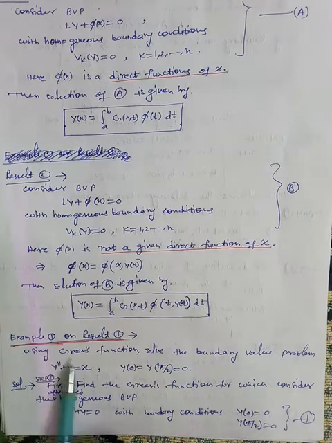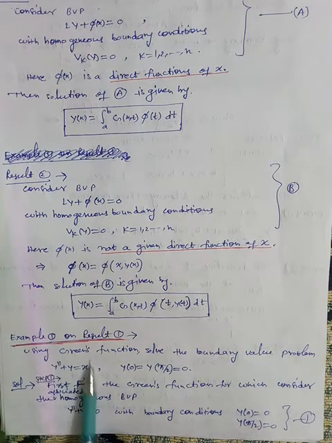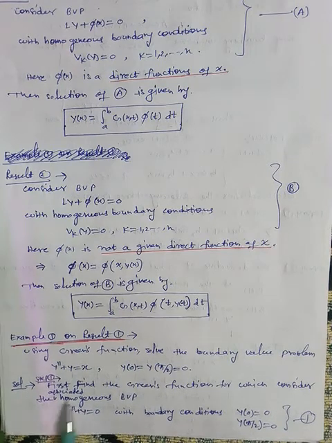So you can see that we have this differential equation, and we will consider only the homogeneous part. So we will not consider this x, we will take 0 here. So this is the homogeneous boundary value problem, with boundary conditions y at 0 is 0, y at pi by 2 is 0. This is the first equation. We will solve this and get the Green's function.